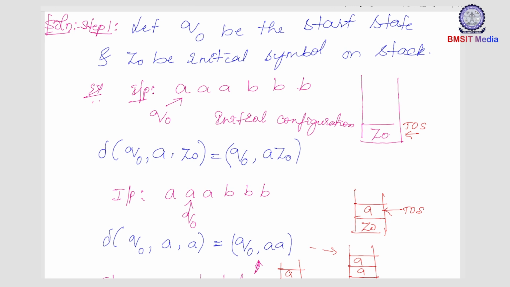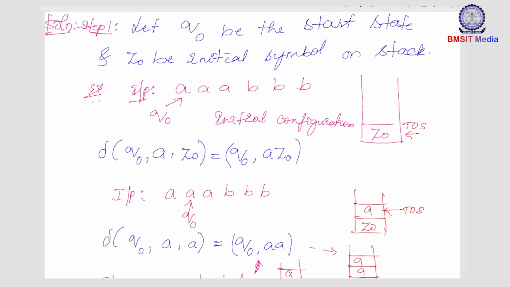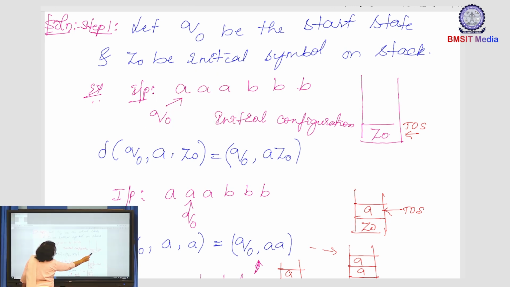For this I have to write the first transition. So what I do is delta of Q0, A, Z0. That is, when I am in state Q0, on reading the input A, when the top of the stack is Z0, what should I do? I remain in state Q0 and I push A onto the stack.